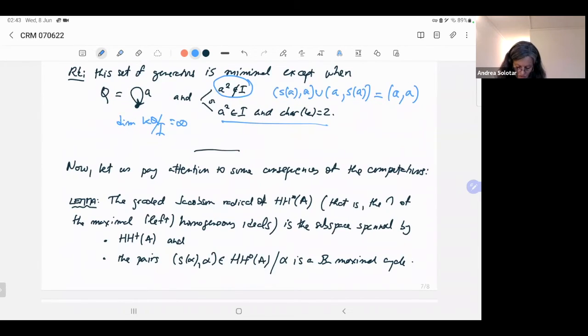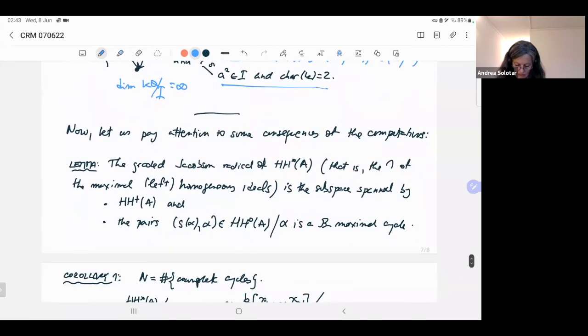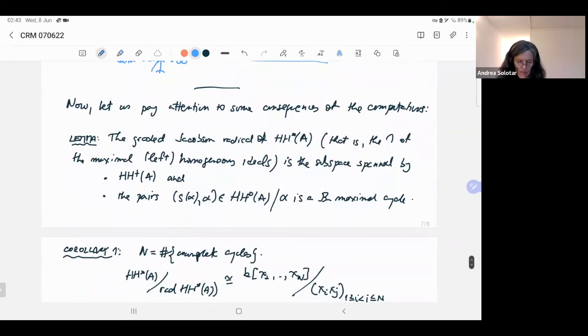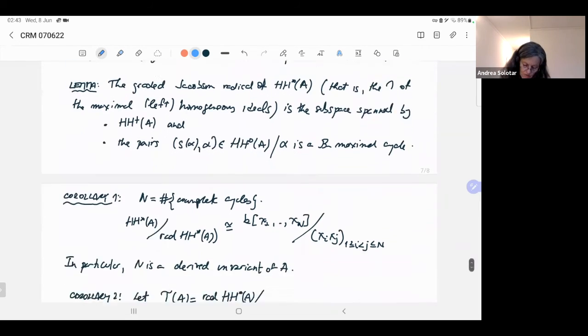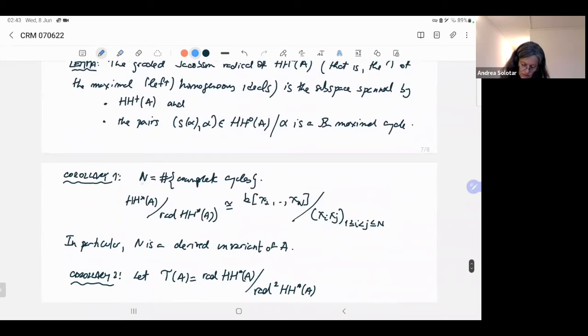We get a lemma describing the graded Jacobson radical of the Hochschild cohomology. But what is most interesting from this lemma is the first corollary, saying that if, as before, we consider capital N the number of primitive cycles full of relations, then the Hochschild cohomology modulo the radical is going to be graded commutative.